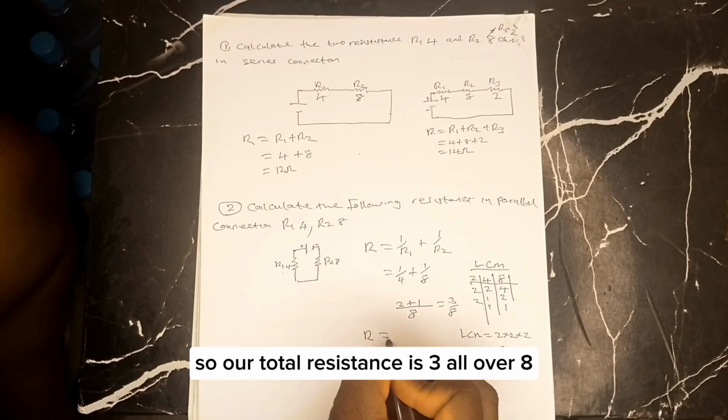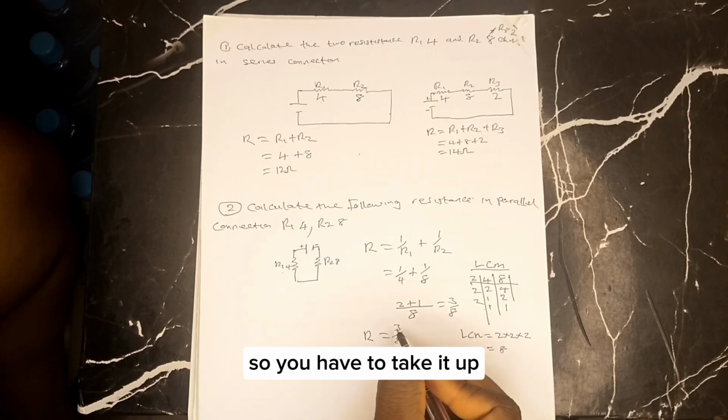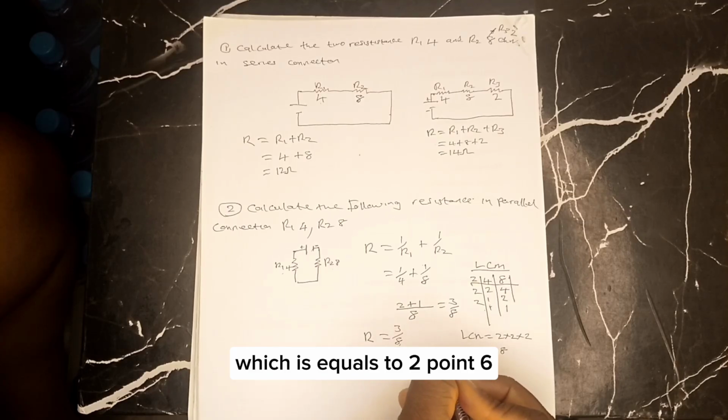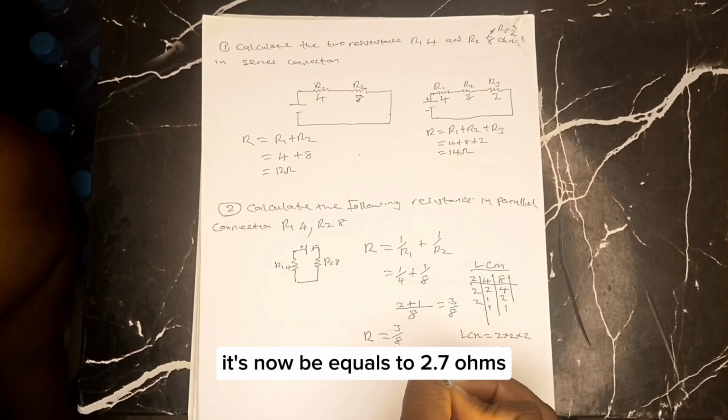So our 1 over total resistance is 3 over 8, but the denominator is bigger, so you have to invert it. So our resistance equals 8 over 3, which is 2.66. If you want to approximate, it will be 2.7 ohms.